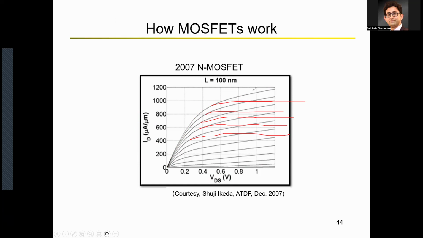If they were ideal, the slope would have been 0. If they had been ideal, the curves would have been parallel to the x-axis, and parallel to the x-axis means slope is equal to 0. But real MOSFETs do not have slope equal to 0, even in the saturation region. We'll discuss those non-idealities, but it is kind of saturating, right? It's not changing as much as it was changing in this region.